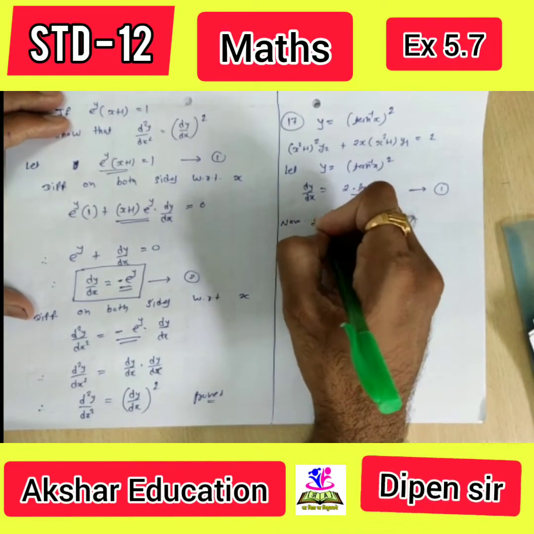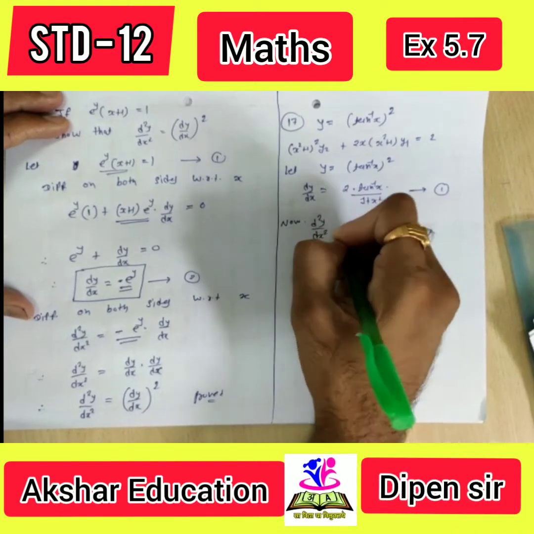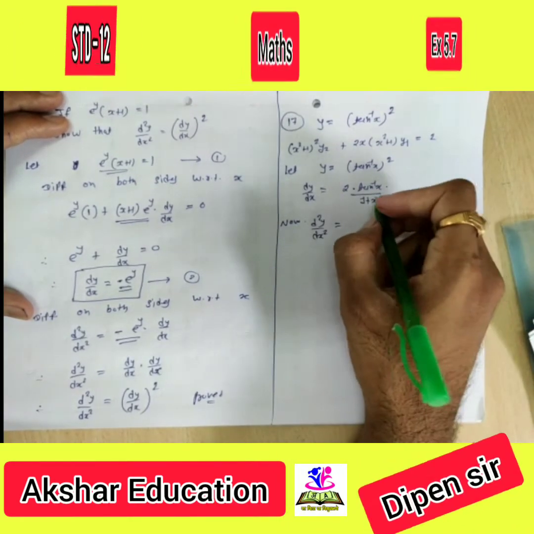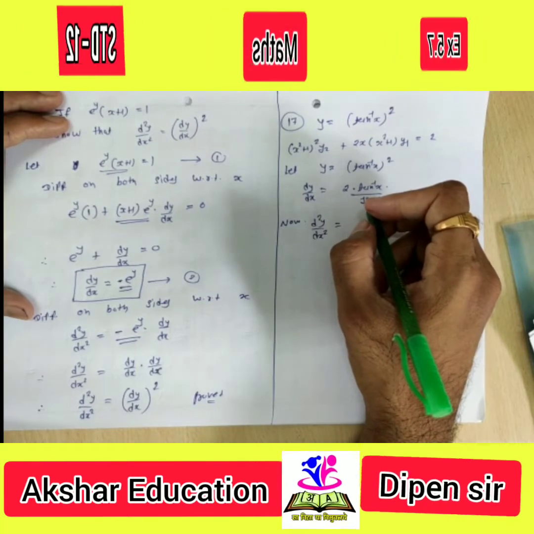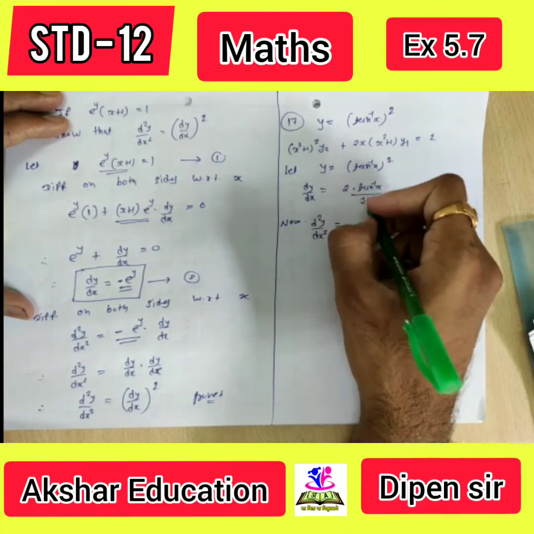So we get d square y by dx square equals, now here it's a quotient rule.